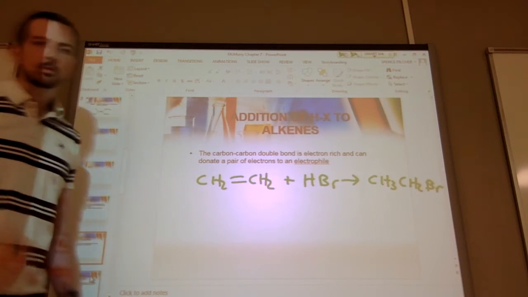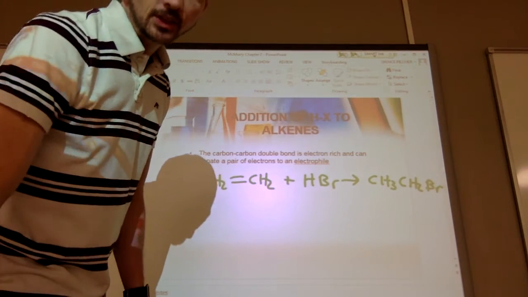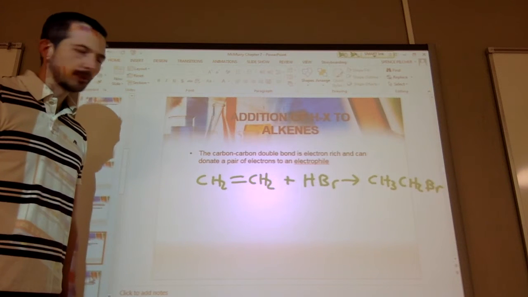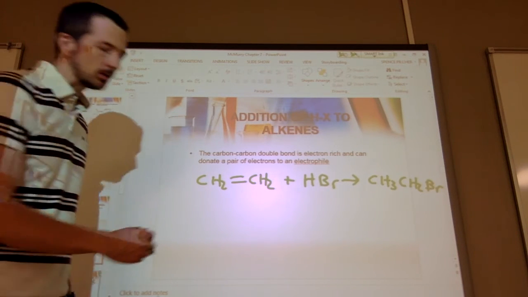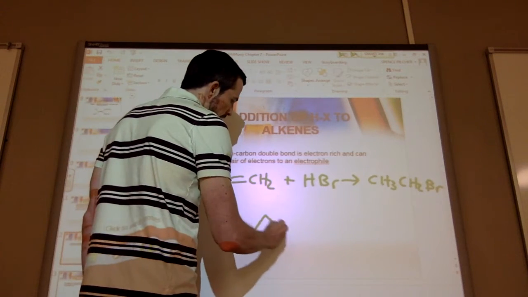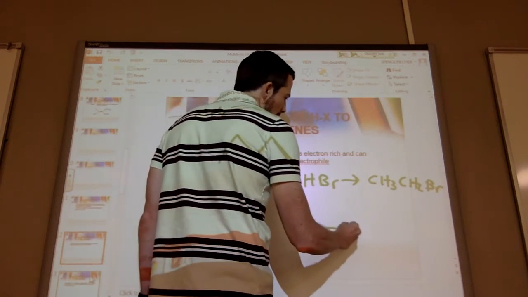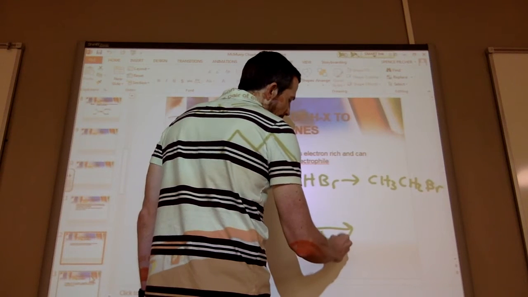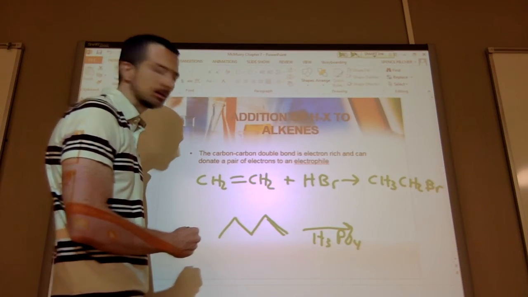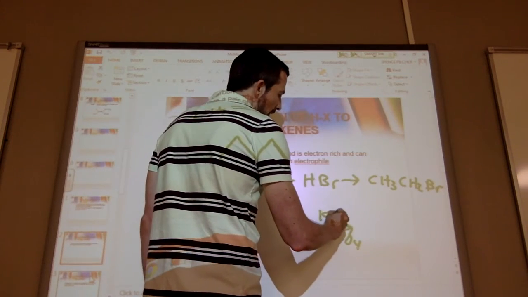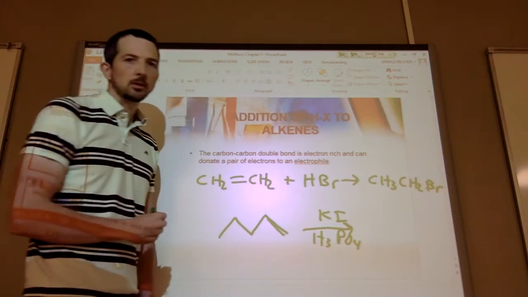So hydrogen adds to one side, bromine adds to the other side of my double bond. You may also see it written as two different components, where you have your acid source, something that protonates the double bond, and then you have some kind of nucleophilic source, potassium iodide.